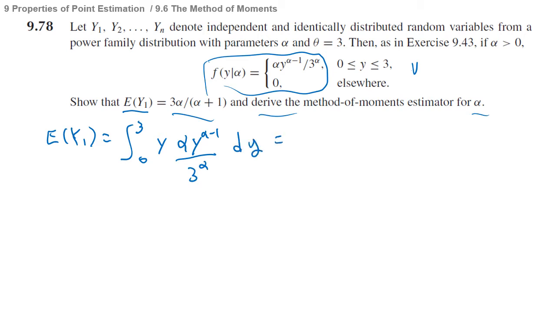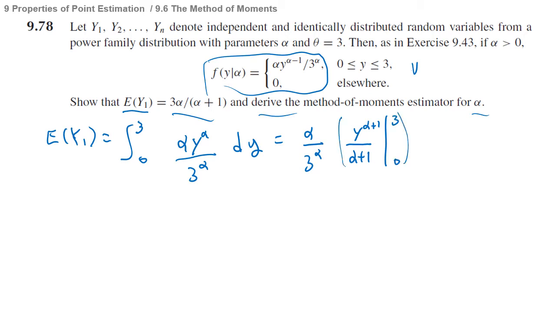And 3 to the alpha over alpha are constants, so we get y to the alpha plus 1 over alpha plus 1, from 0 to 3.